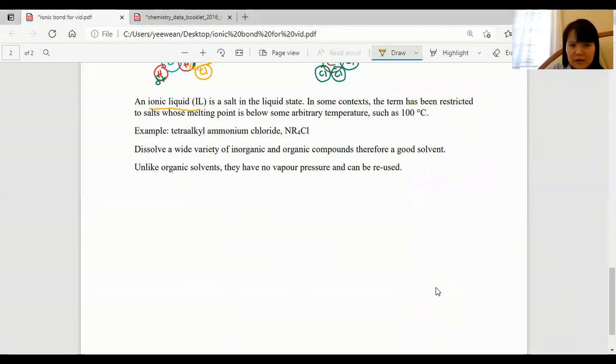Ionic liquids are salts that are in liquid state, and they have a melting point below 100. Since it melts below 100 degrees Celsius, it's liquid. For example, this NR4Cl, tetraalkyl ammonium chloride, let's draw it here.